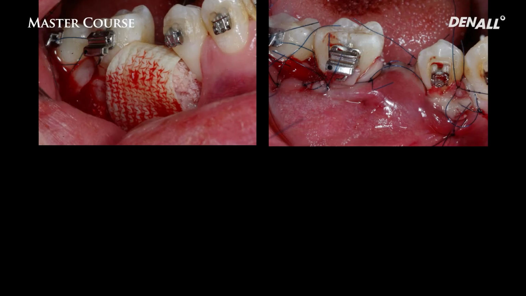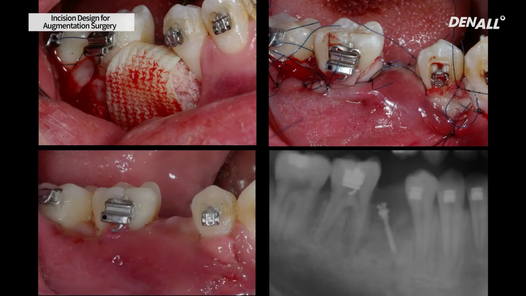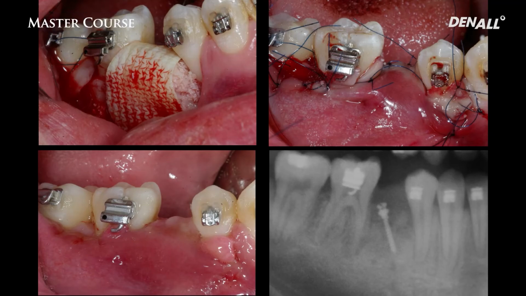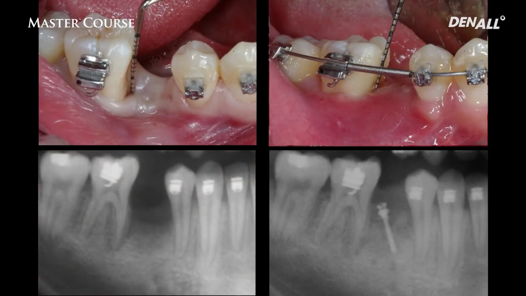The buccal muscle layer and the superficial layer are dissected and pulled to the front. The flap is formed without exposure and tension-free. Compared to the initial state, a lot of vertical bone augmentation is achieved with the primary closure and no exposure is made.